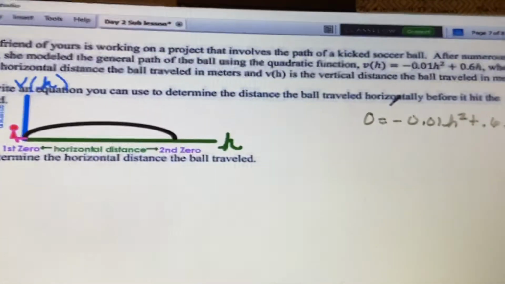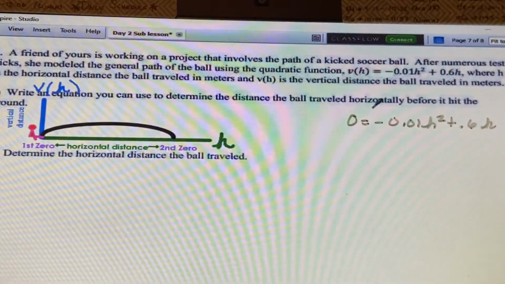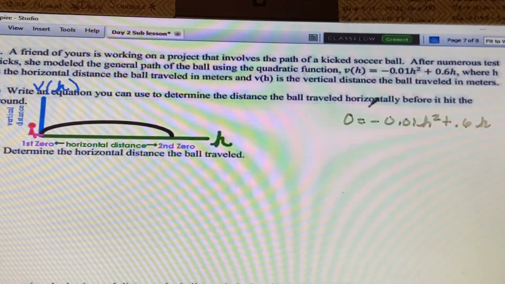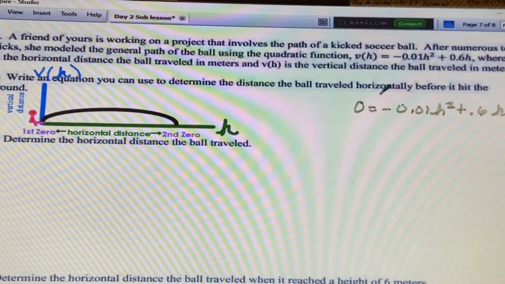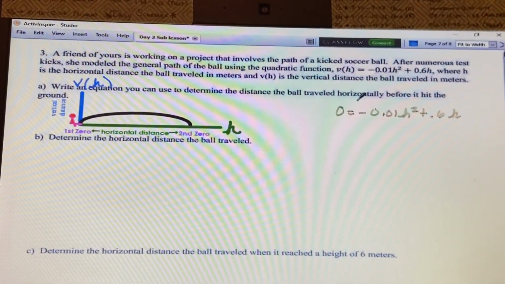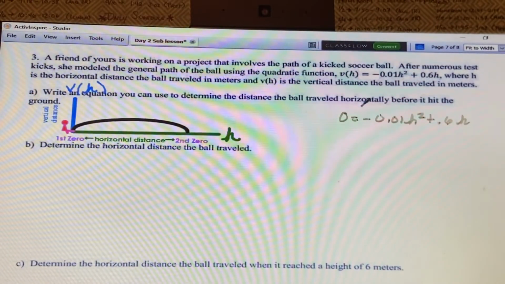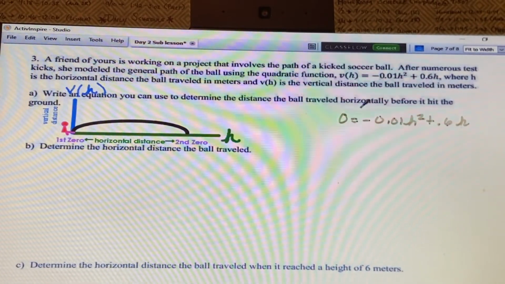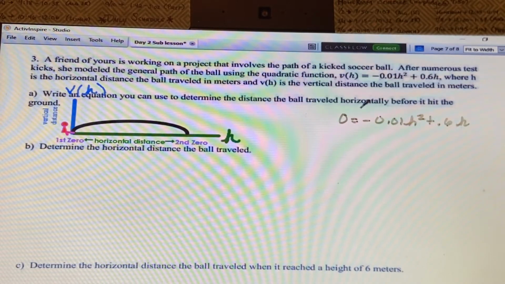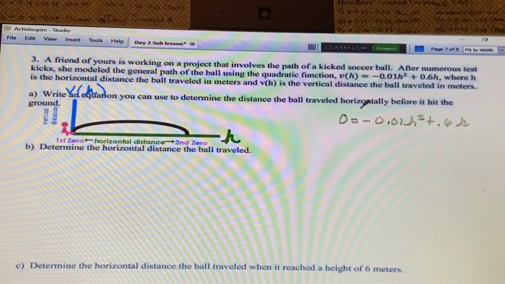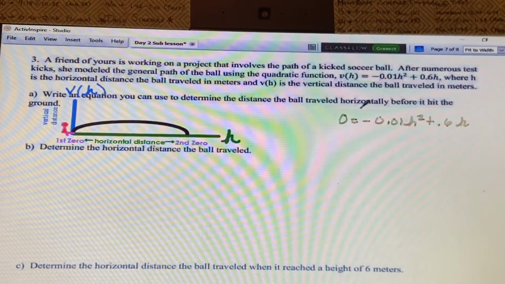Okay, we had to have that set equal to 0 because that's one of our 3 necessary pieces or 3 qualifications that you have to be in standard form to use the quadratic formula. We have a quadratic, we have it set equal to 0, and it is in descending order.